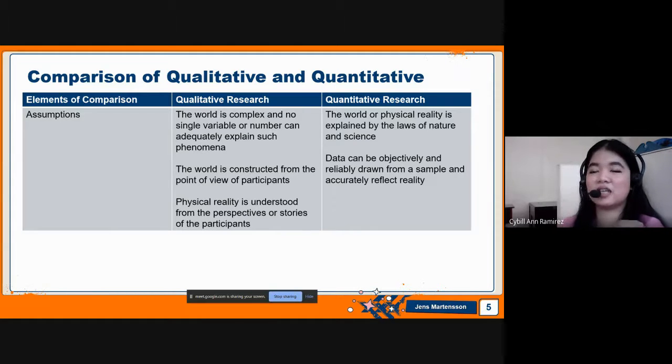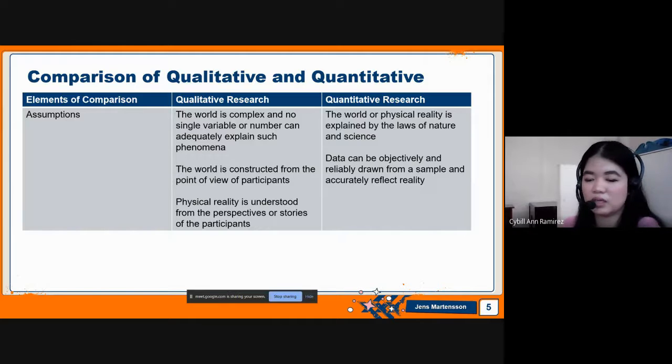It doesn't have to be biased. Quantitative is very robust. So in qualitative research, physical reality is understood from the perspective or stories of the participants. So again, qualitative is very subjective.